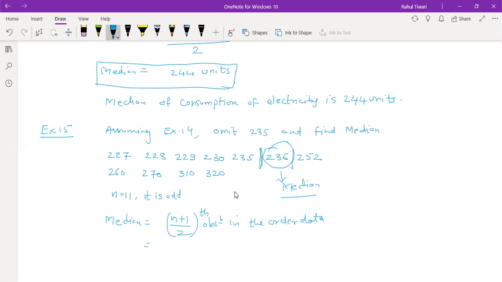So (11 plus 1) by 2 is 12 by 2, that means the 6th observation in the ordered data. So the 6th observation means 236 units.